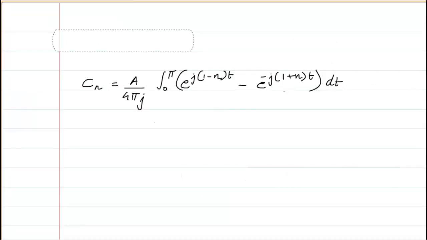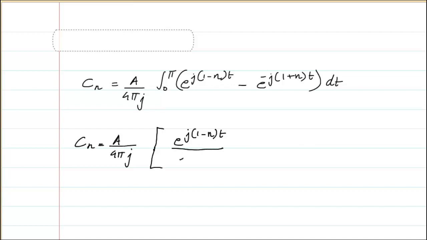Okay, so that's how we have got this particular equation. Now this is easily integrable because I can divide it into two parts. So let me integrate it. Cn is A divided by 4 pi j times the integral. If I do the integration, I will get e raised to power j times 1 minus n, t, divided by j times 1 minus n.